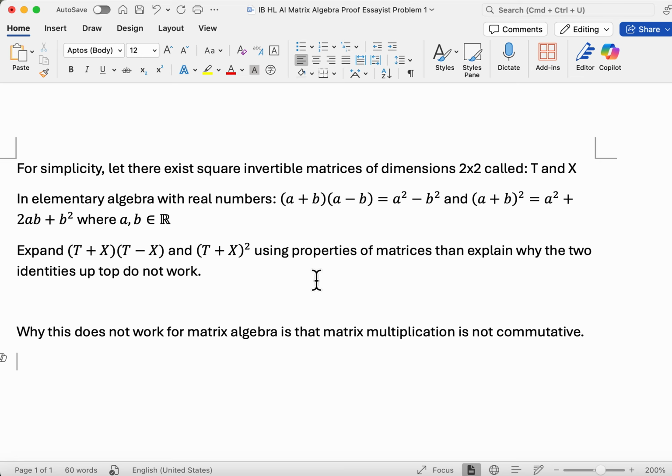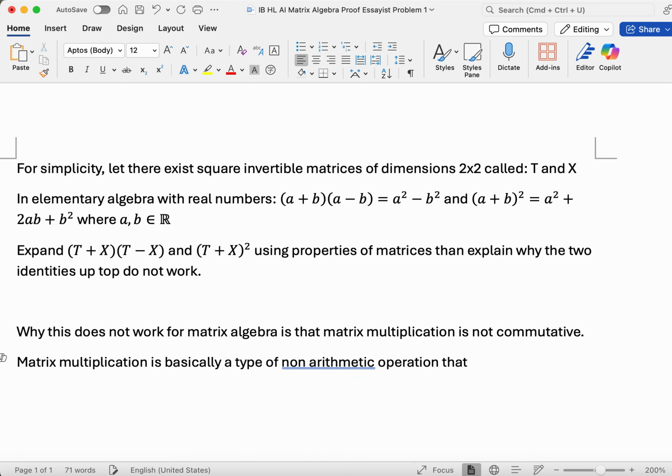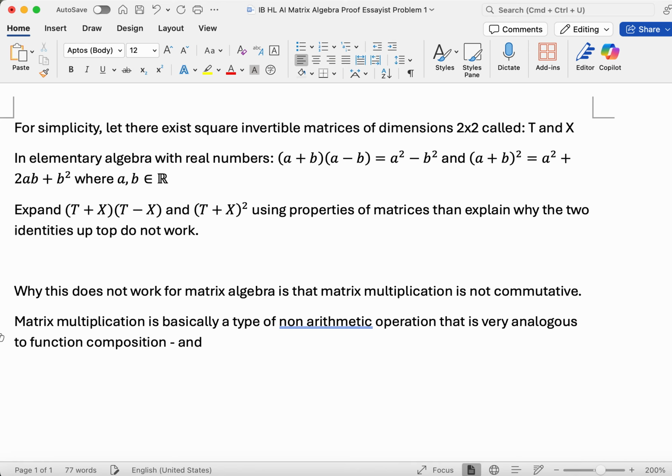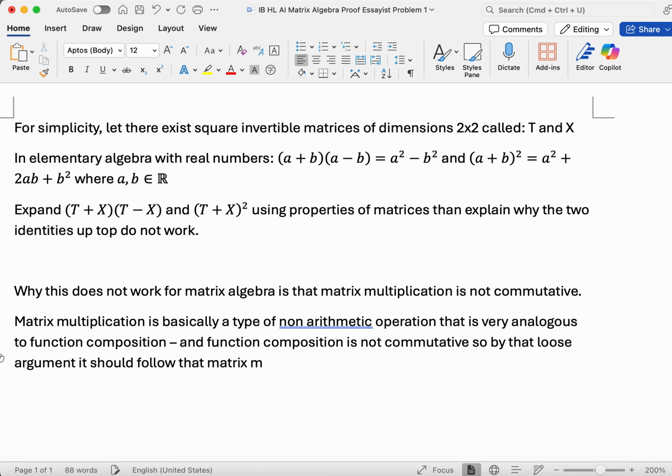And I'll have to show this perhaps with some examples or give a proof later on in future, but matrix multiplication is basically a type of non-arithmetic operation that is very analogous to function composition. And function composition is not commutative. So by that loose argument, it should follow that matrix multiplication is not commutative as well.